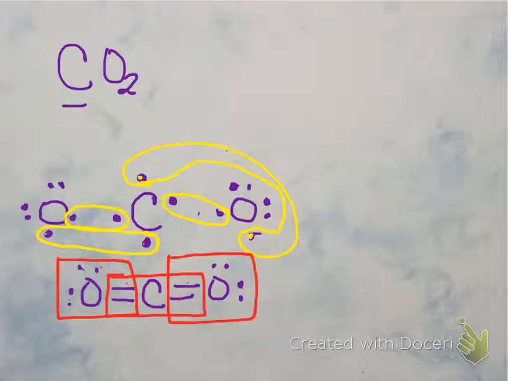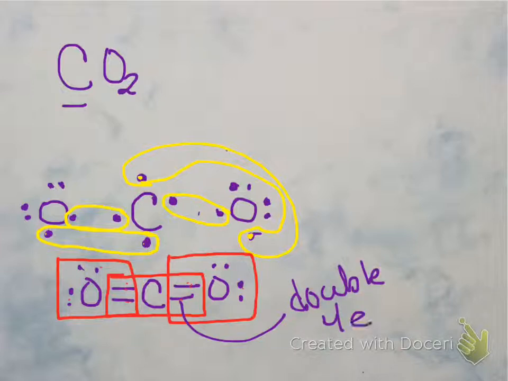If we draw the things that are bonded to the carbon, we look: 2, 4, 6, 8. Carbon has 8 valence electrons. So our picture of carbon dioxide with 2 double bonds shows that we have the most stable arrangement of the atoms. That's a double bond, and it is 4 electrons being shared between those 2 atoms. Let's look at another example.